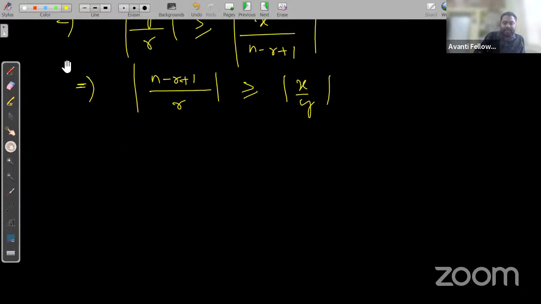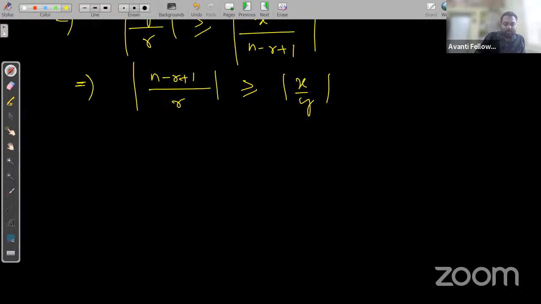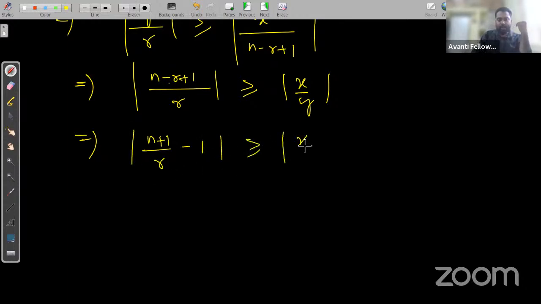So we can also write this as n plus 1 by r minus r by r, that is 1, which is greater than or equal to mod of x by y, right?